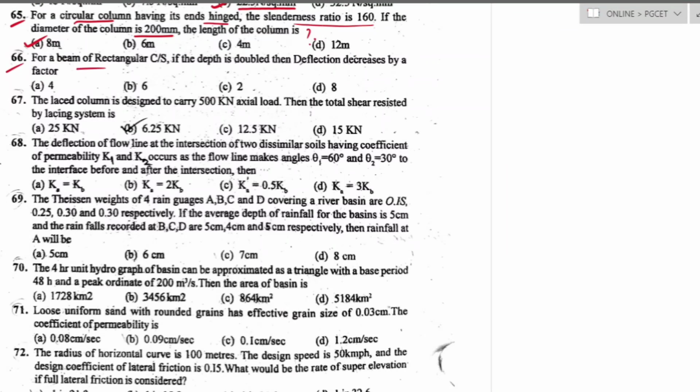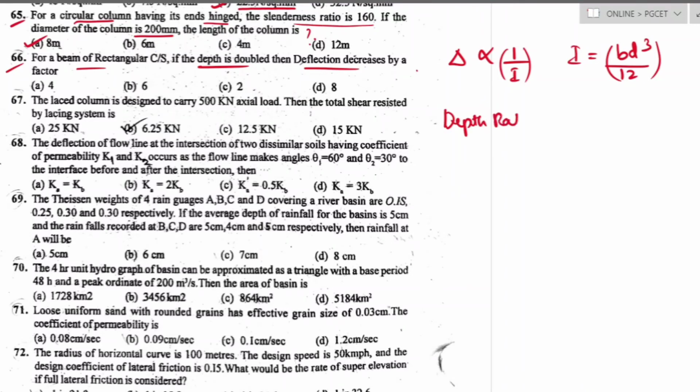Question number 66. For a beam of rectangular cross section, if the depth is doubled, then the deflection decreases by a factor. Deflection is inversely proportional to moment of inertia of the cross section. For a rectangular beam, moment of inertia is given by bd cube by 12. So deflection factor is found by depth ratio, that is d cube divided by 2d cube, that is equal to d cube divided by 8 d cube. d cube will be cancelled.